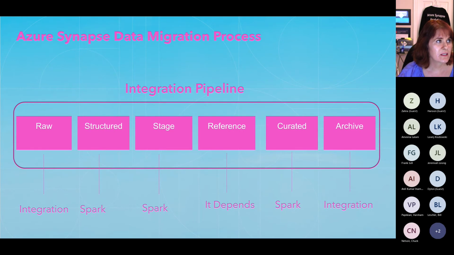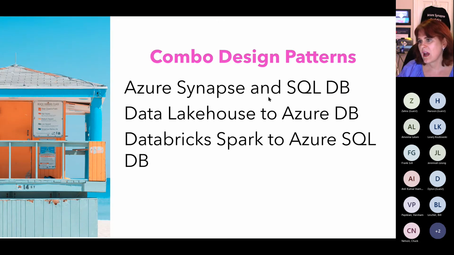So I can do that to get my data into an area where I'm going to have data that I want to keep, but maybe I want to put it into cold storage. So there's a couple of different design patterns that you can use with this. I could use Azure Synapse to SQLDB. I could use a data lakehouse and move that to an Azure DB.